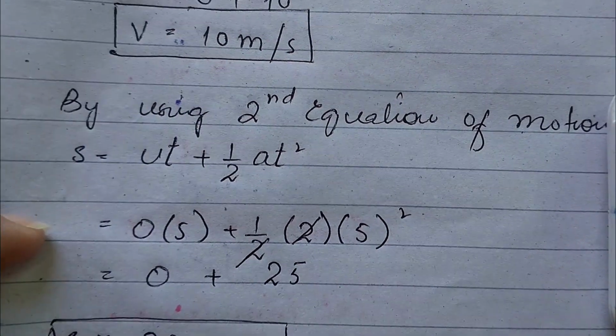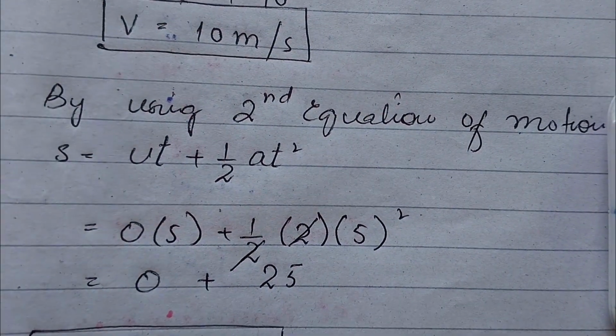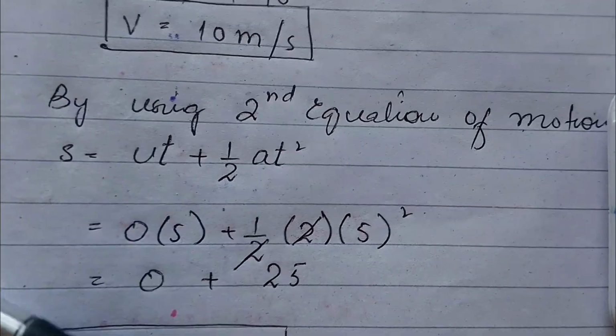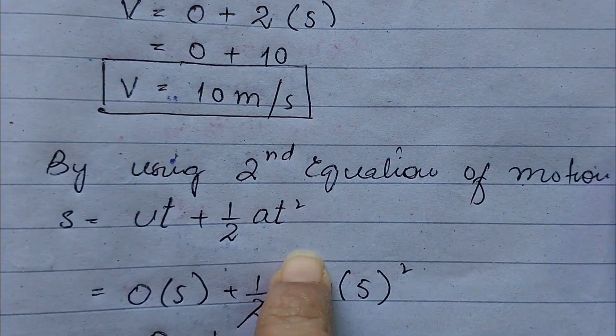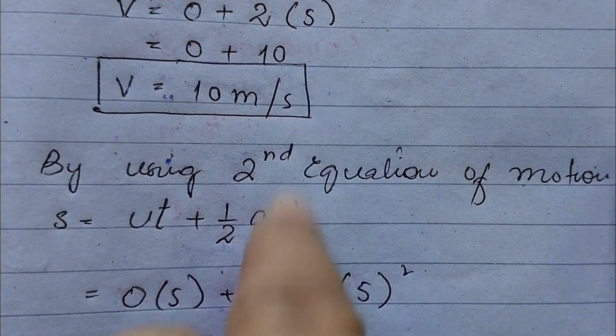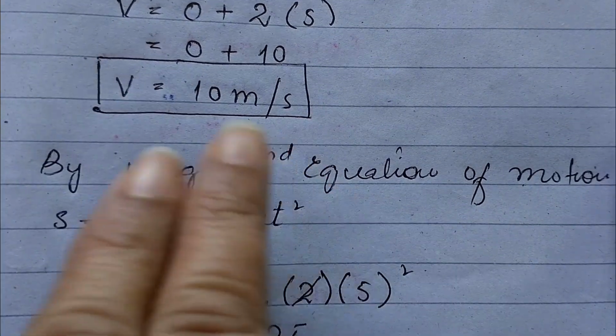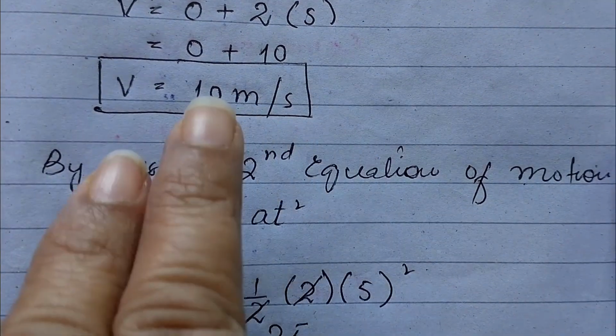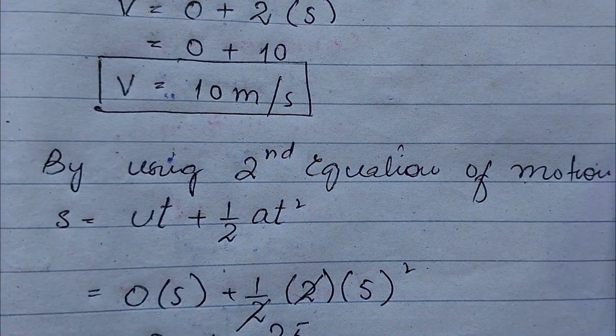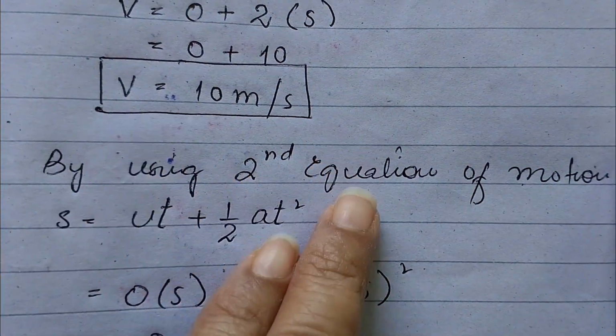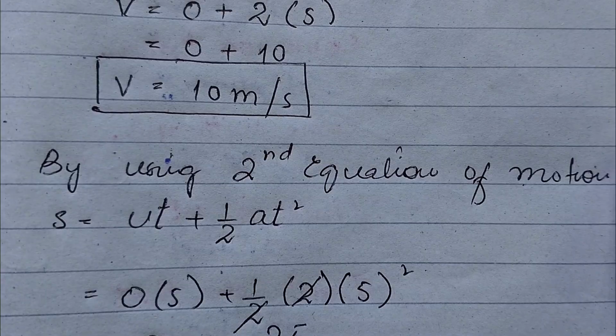This is the simple way of finding the distance, velocity, time, acceleration of any object. As you can see in this example, we have found the final velocity and the distance covered by the car by using equations of motion.